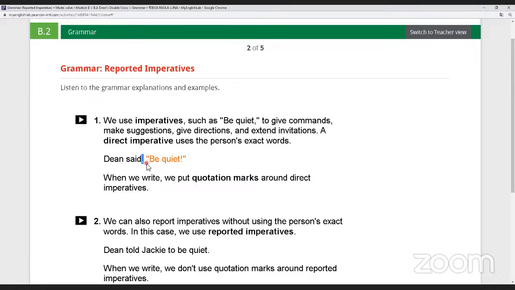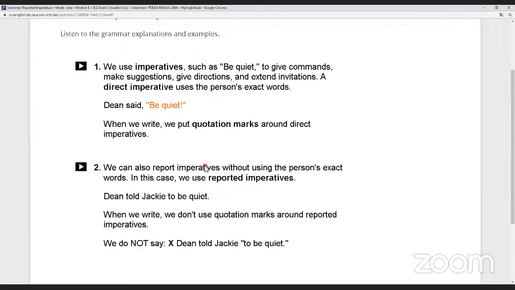How is it structured? We're gonna mention the person who said, for example, be quiet, the comma, and the quotation marks. When are we gonna use these imperatives? To give commands, to make suggestions, to give directions, and extend invitations.